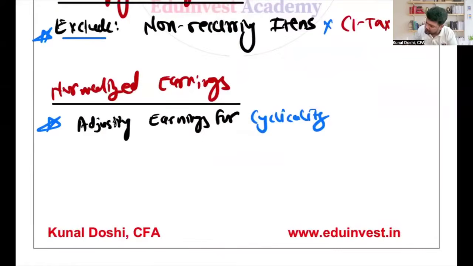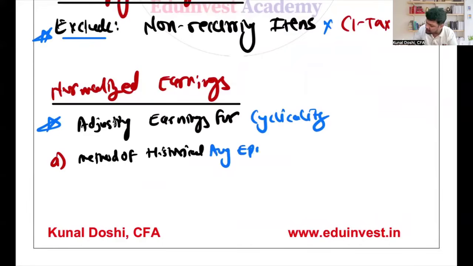So one is the method of historical average EPS, and the second is the method of average ROE. I will write down, this is average ROE.